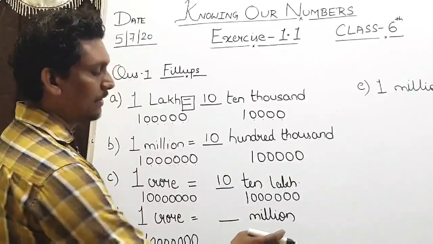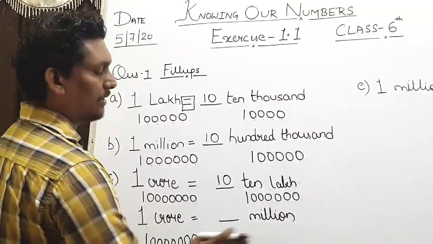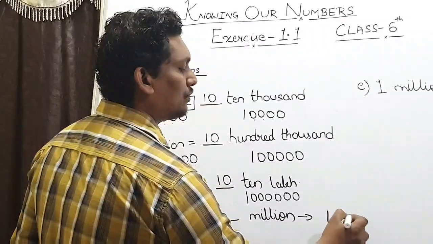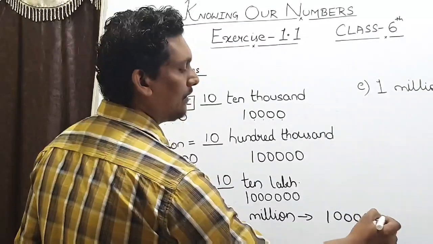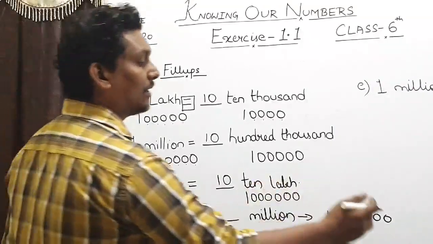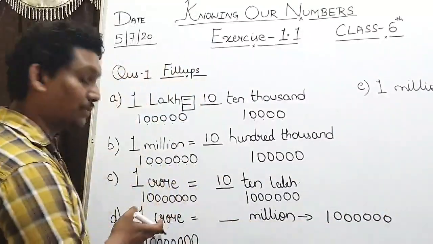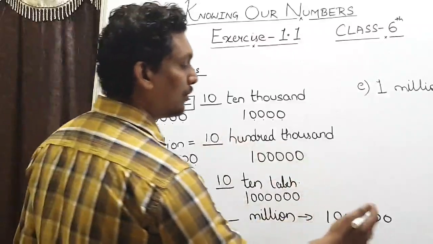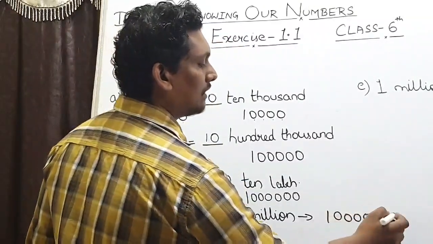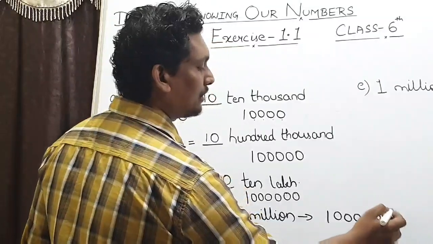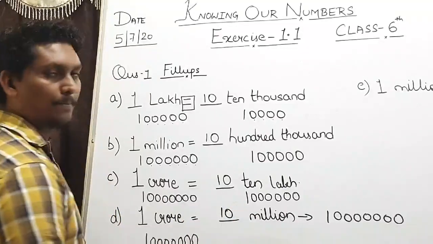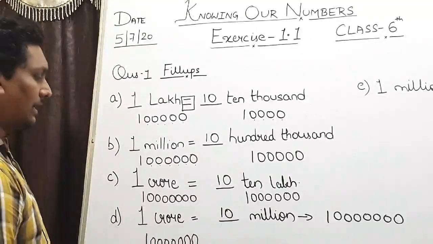So what we will do? Write it here again. For 1 million, 1, 2, 3, 4, 5, 6. To make this 1 million equal to this 1 crore, we need one more zero. So 1, 2, 3, 4, 5, 6. We want one more zero. So again we will add 10 to this.